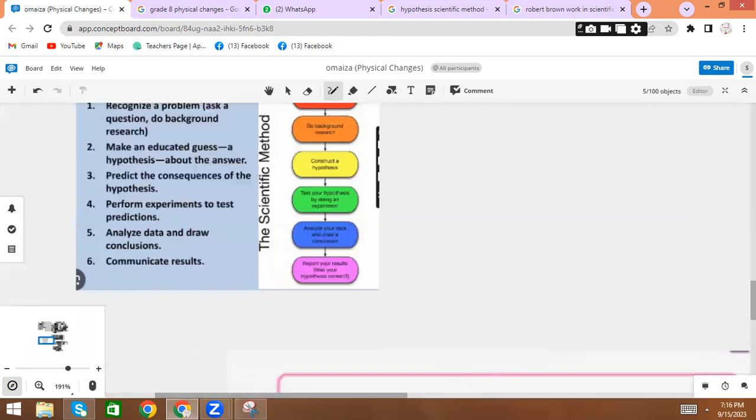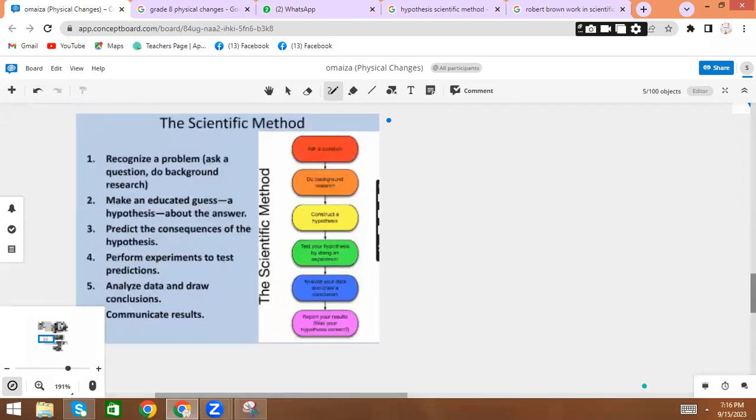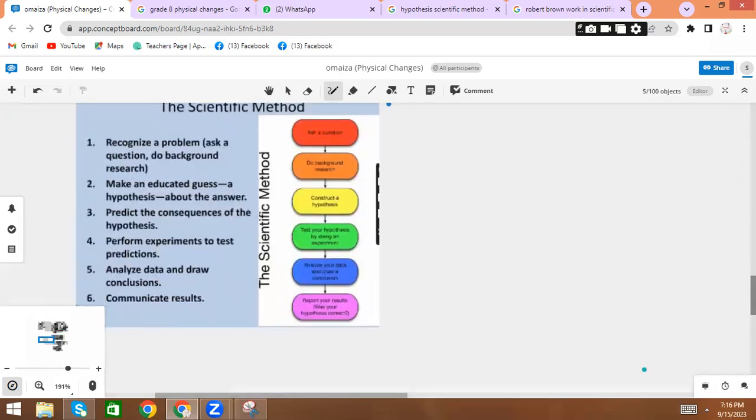How do we make any theory or law? Before we make a theory or a law, we have to do the investigation.